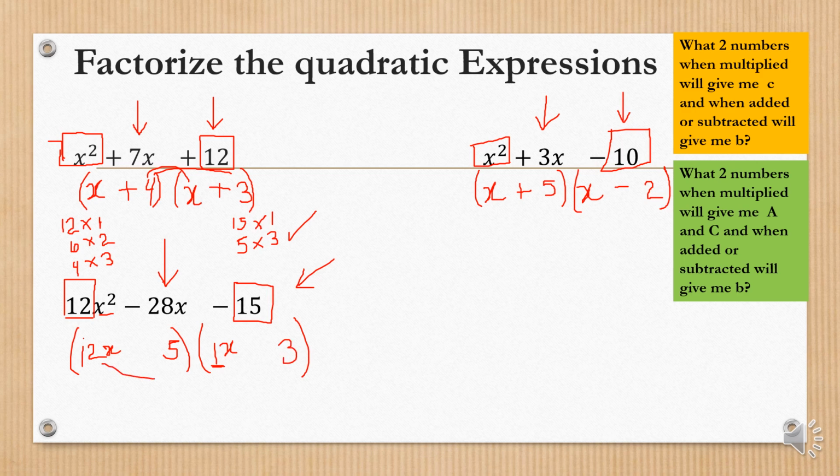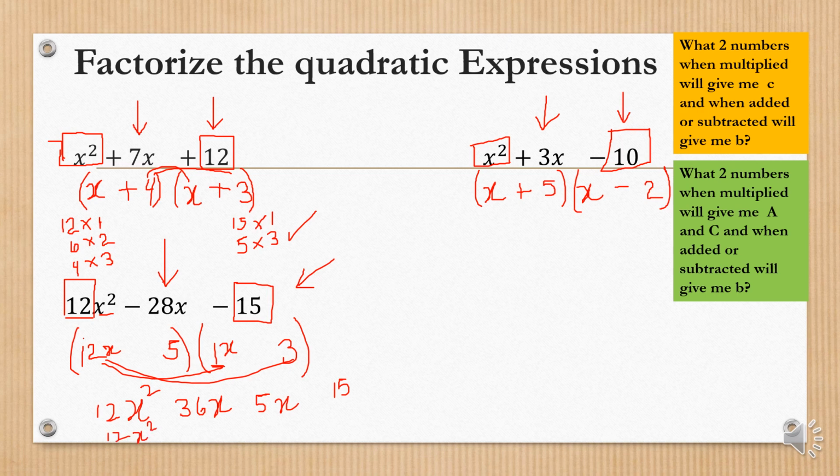Let's expand. 12 by 1 is 12x. And 12 by 3 is 36x. 5 by 1 is 5. 5 3s are 15. Here we have it. Let's group our terms. We have 12x squared.